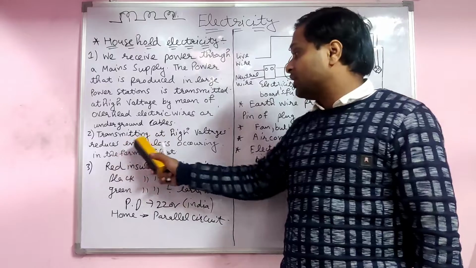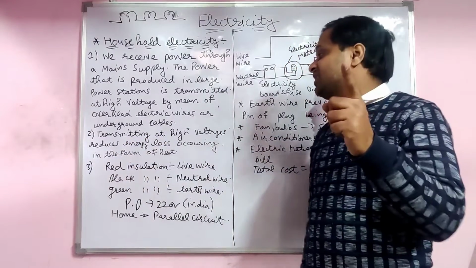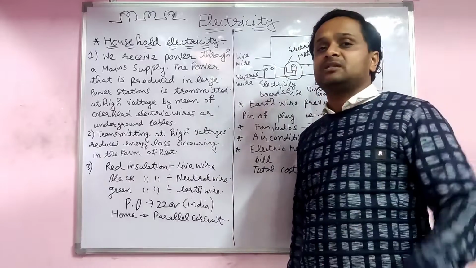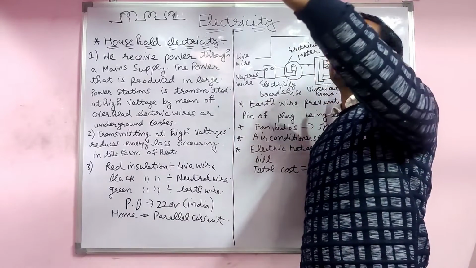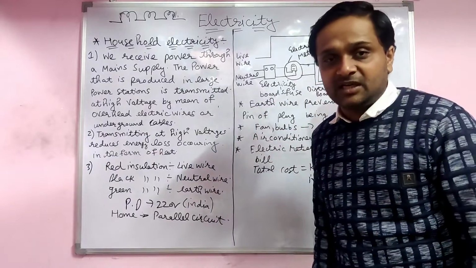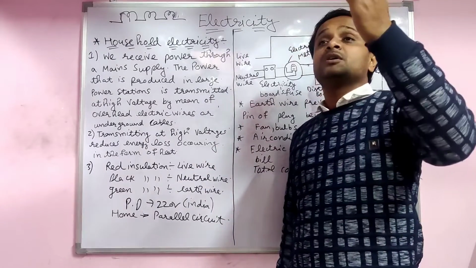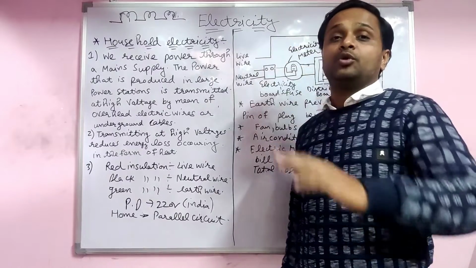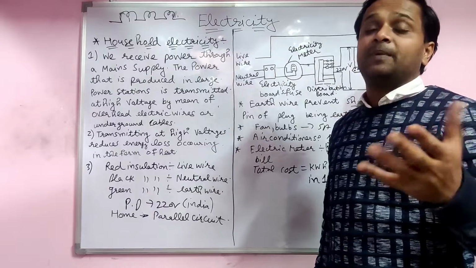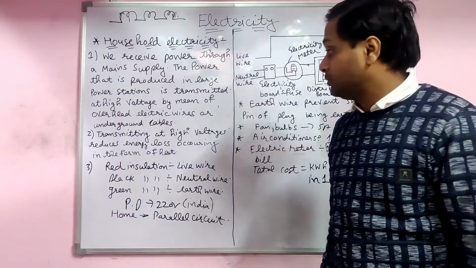Transmitting at a high voltage reduces the loss of energy in the form of heat. That's why the step up transformer is there. But when the 11,000 volt comes near your home, the step down transformer converts it into 220 volt. At your home, every appliance works on 220 volt.